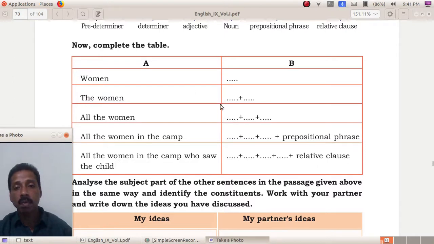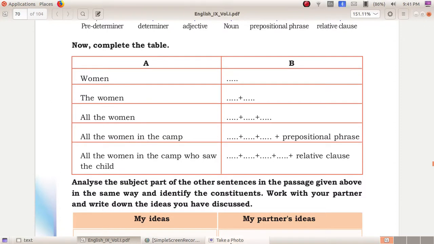So determiner plus noun. All the women. So this all is used before the determiner. So it is predeterminer plus determiner plus noun. All the women in the camp: predeterminer plus determiner plus noun plus prepositional phrase.